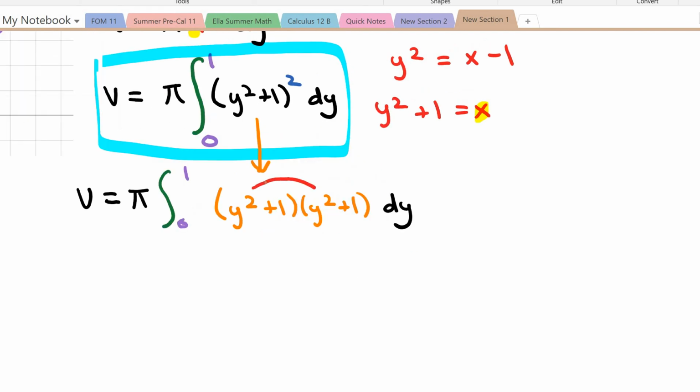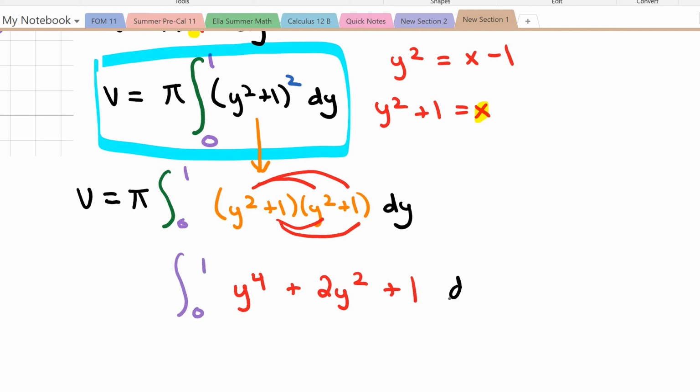All right, let's FOIL this out. If I FOIL this out properly, I should get y to the power 4 plus 2y squared plus 1. And I'm still going from 0 to 1 of dy with a pi in front, and that's my volume.